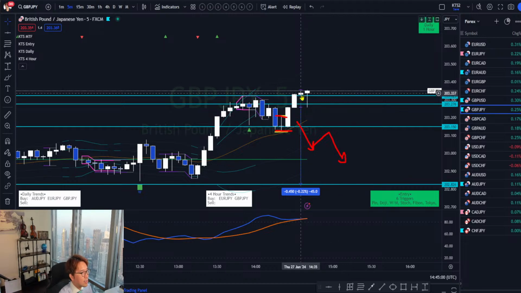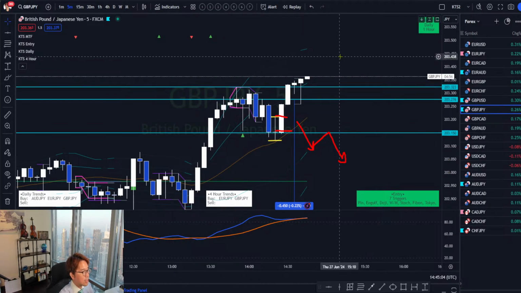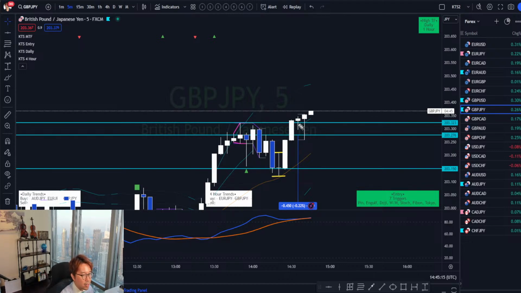Okay, now it closed with a pin bar. This is a good sign on M5 for a continuous bullish trend. So this is actually 2 pin bars, and inside.